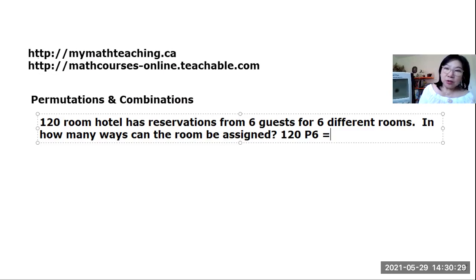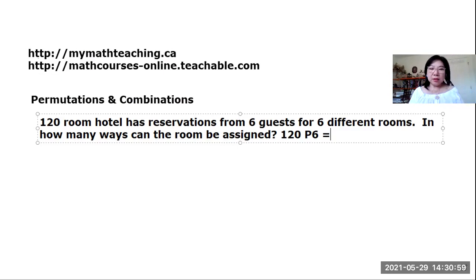Now, if permutation, you key in number 2 to get nPr. If combination, you will key in number 3 to get nCr. So in this case, you will key in the number 6 beside the nPr, and I hope you can see from here. And then you enter.